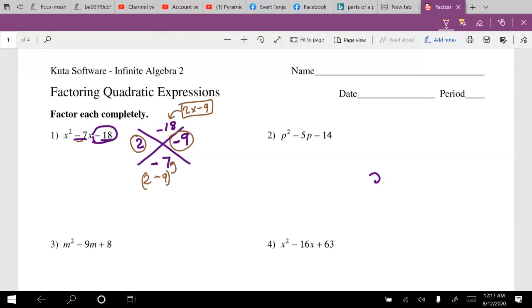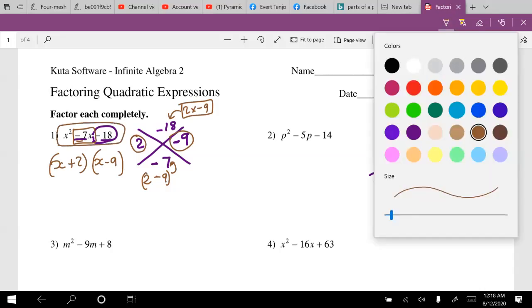So we're going to change negative 7x, we're going to represent that with, so the factor will be x plus 2, x minus 9. So that's the factorization of this equation.